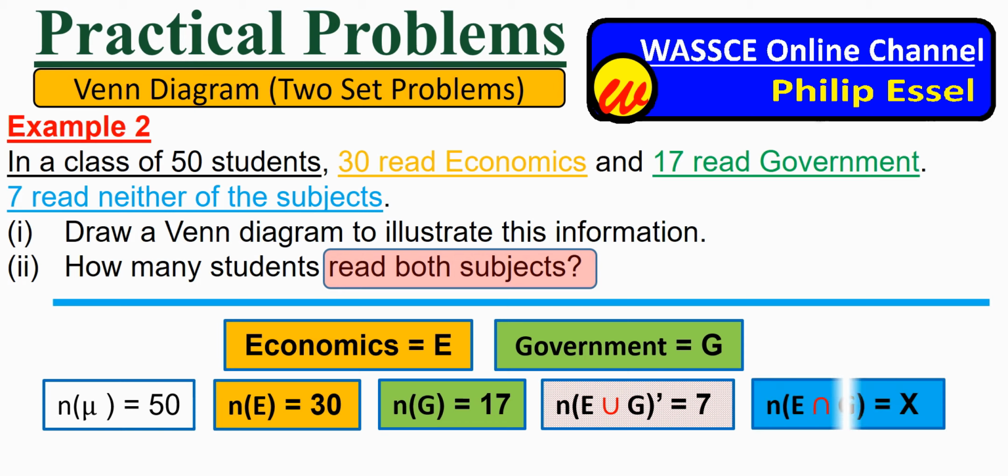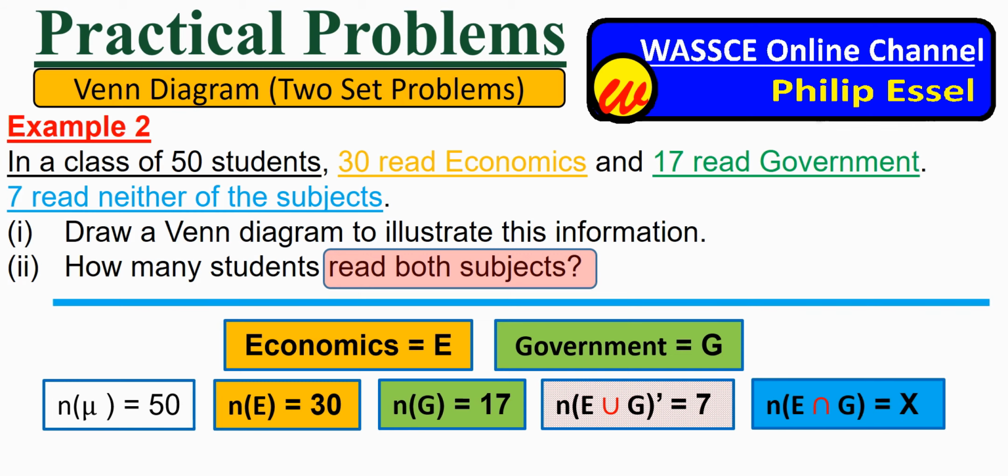So this is how we are going to write this information, which means that the number of students who read economics and government at the same time, that is economics intersection government, equals x.